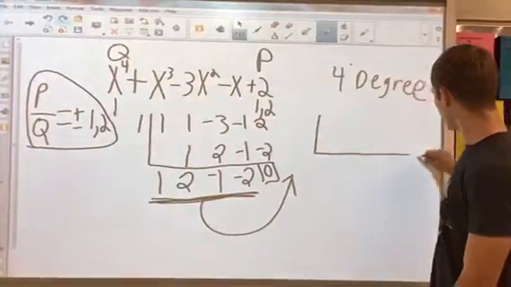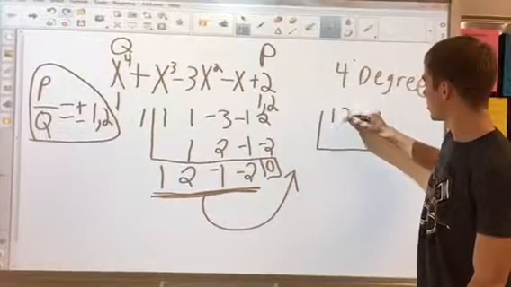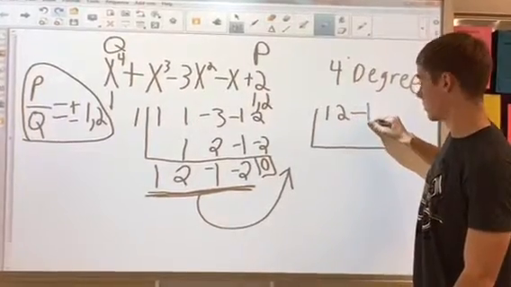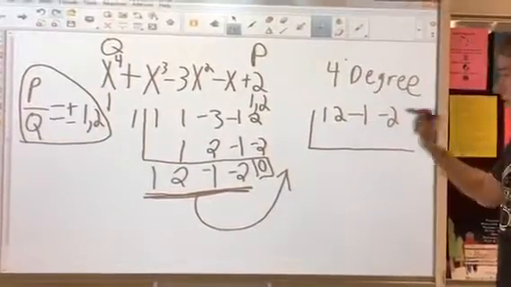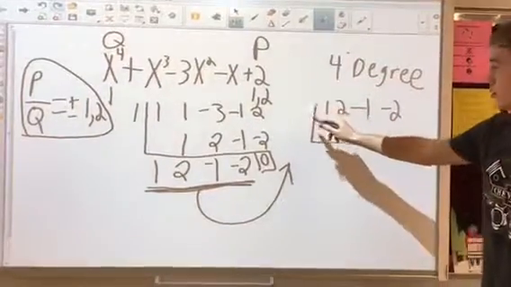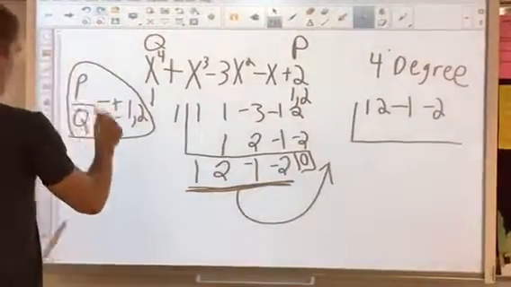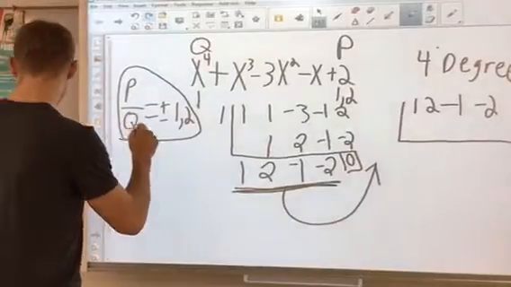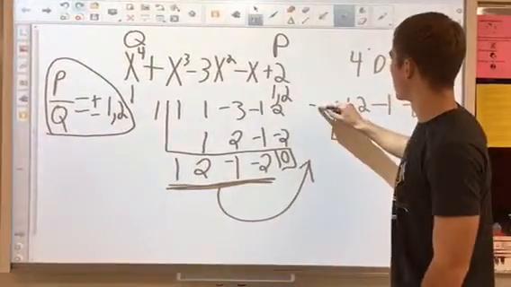So we draw the L, get those 1, 2, -1, -2, and you plug in right here the next possible 0 that we think is the 0. So I'm just going to go out on a limb and say -2.